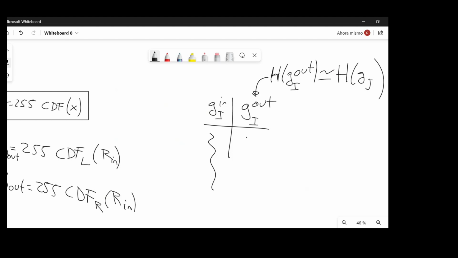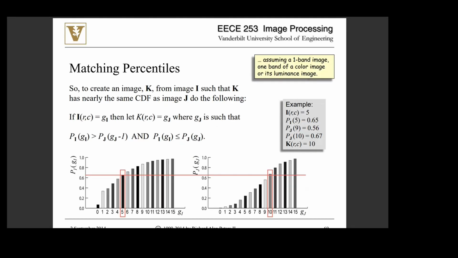Okay, so let's go back to the CDF again. Let's say I want to transform the 5 into something. This is the left value in my column. So I have this table. This is 5 on the left. I have to find what is the corresponding value in the output. If I look at the CDF, I can look at what is the CDF of 5.